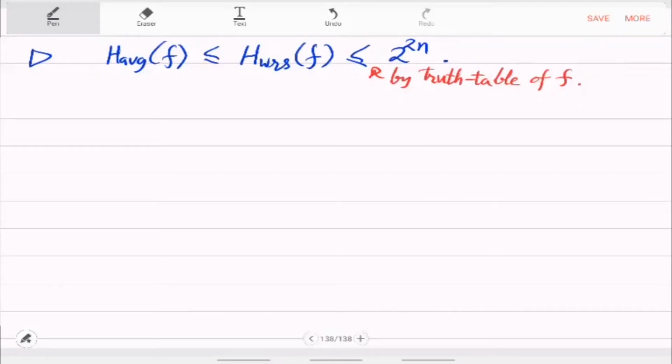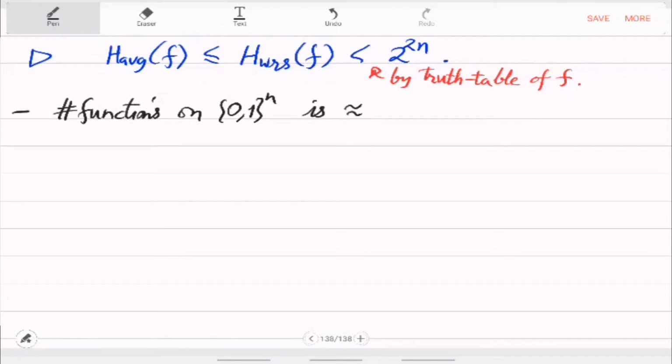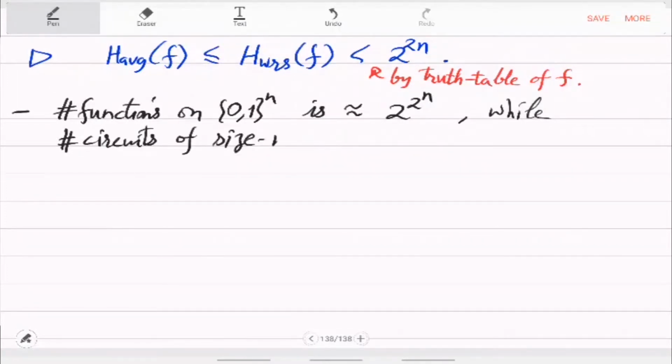Can you bring it close to 2 raised to n? The number of functions on {0,1}^n is 2 raised to 2 raised to n, while the number of circuits of size n is around n to the n.